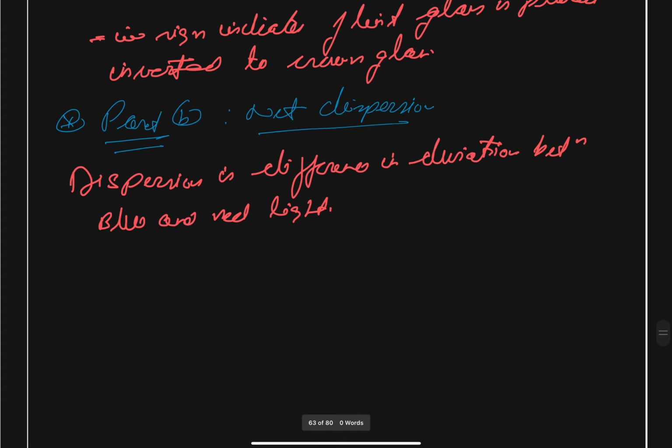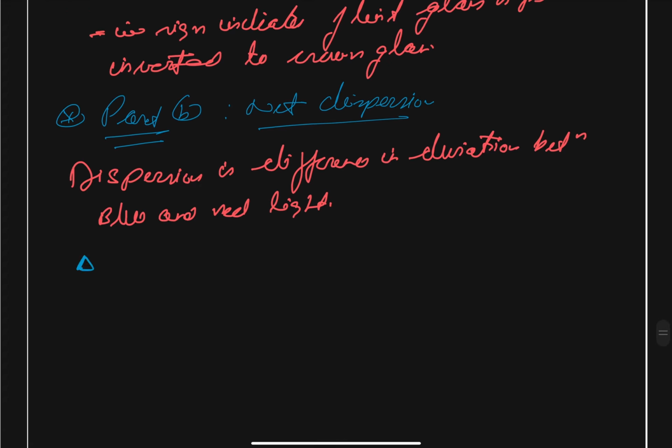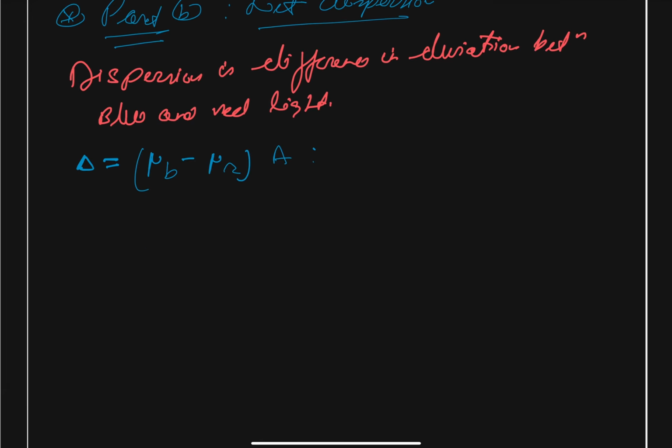Therefore, the formula is quite standard: delta will be equal to the refractive index of blue minus the refractive index of red, multiplied by A. Now we have two glasses, so we divide this formula into two parts, crown as well as flint. For crown, we can write 1.51 minus 1.49 multiplied by 6.